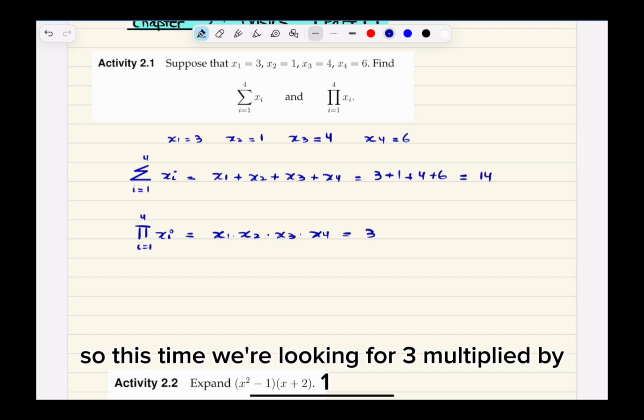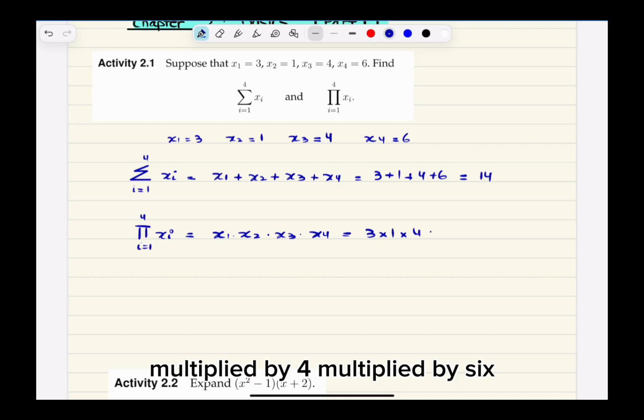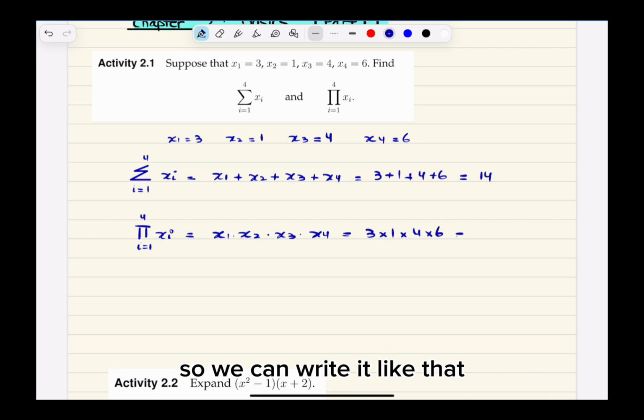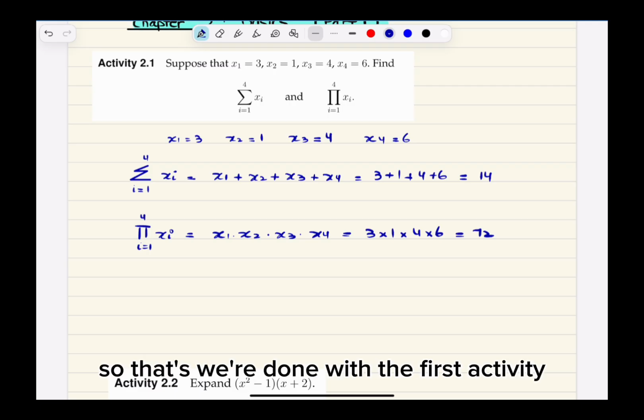So this time we're looking for 3 multiplied by 1 multiplied by 4 multiplied by 6. So 6 4s are 24, and 24 multiplied by 3 is 72. So we can write it like that. So we're done with the first activity.